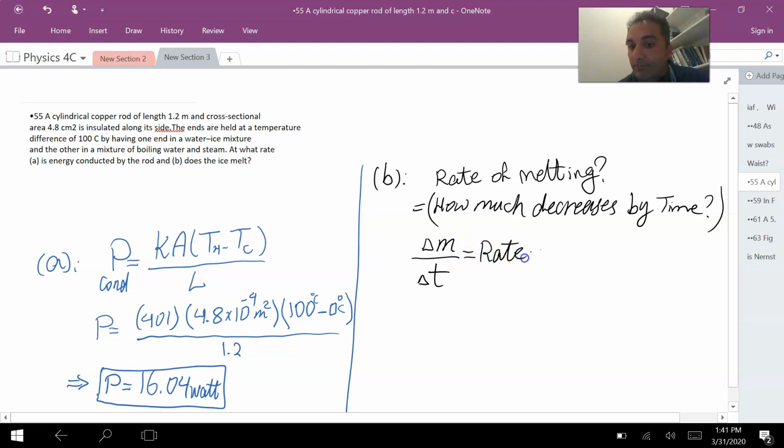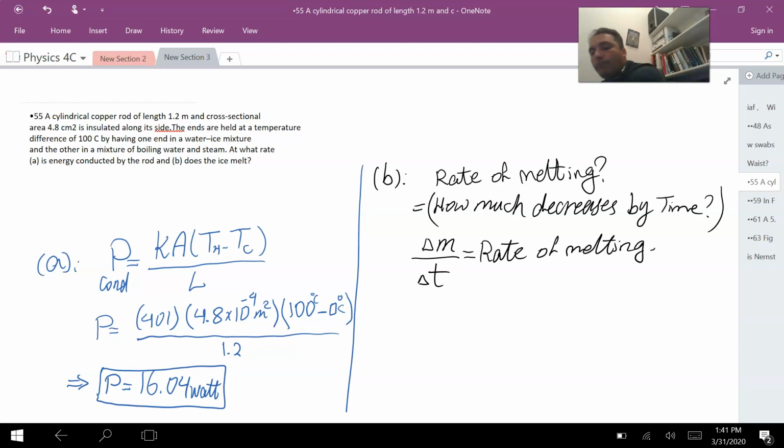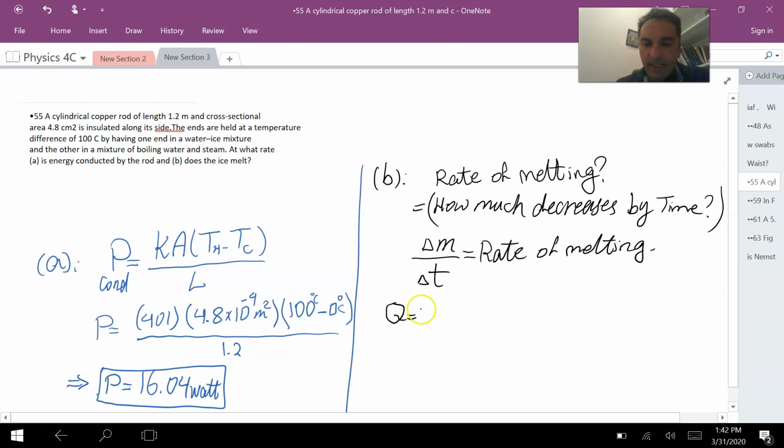Pay attention here. Now, it's melting. So when it is melting, what is the equation? Is it not Q equals m LF?